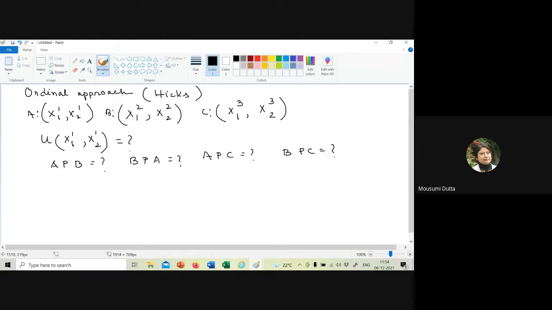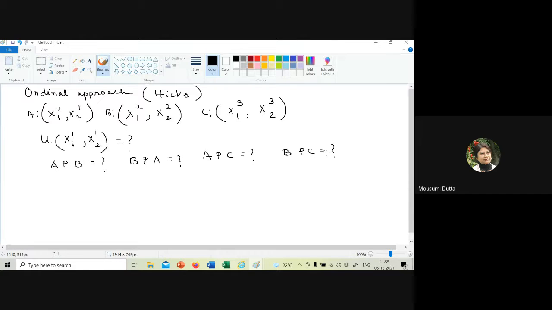So we can use anything to indicate the order. It can be considered by, say, numbers 1, 2, 3 like this. If I find that A is preferred to B, B is preferred to C, in that case, I can say that A will lie on a first indifference curve IC1, B will lie on the second indifference curve, which is lower than the indifference curve on which A is lying.